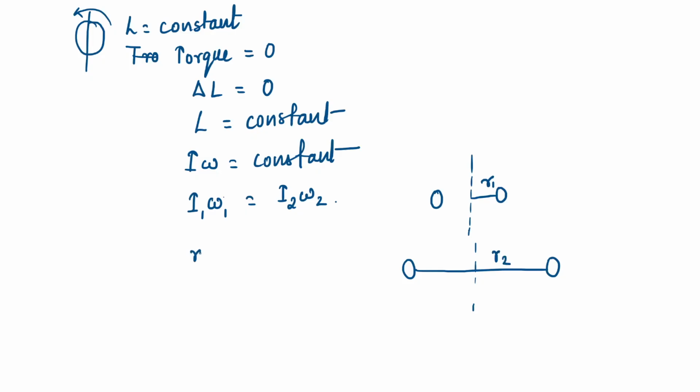Because my distance from the axis of rotation has changed, my final moment of inertia is greater than the starting moment of inertia. Now, if there is no torque acting on the system, the final angular velocity would be less than the starting angular velocity. I'm going to give you some examples. Okay, let me just share.